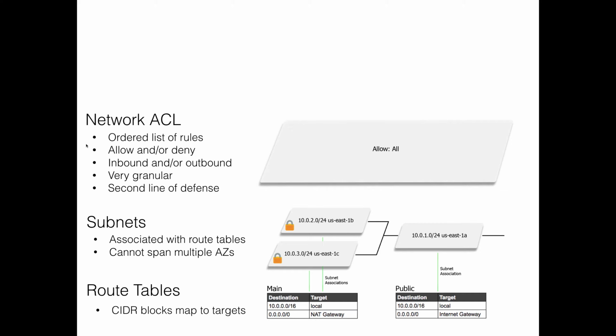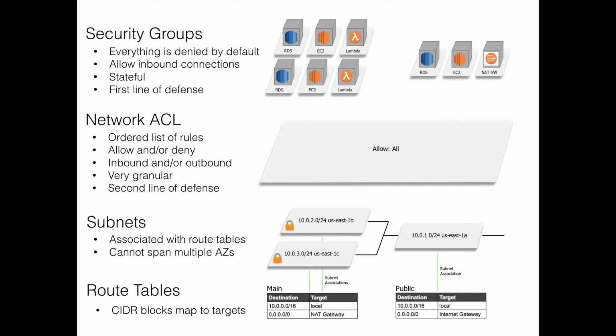The good news about network ACLs is that we usually don't have to play with this stuff out of the gate. Usually when you start creating a VPC, the network ACL allows all access to everything, and you don't have to configure much, so we kind of get that for free.